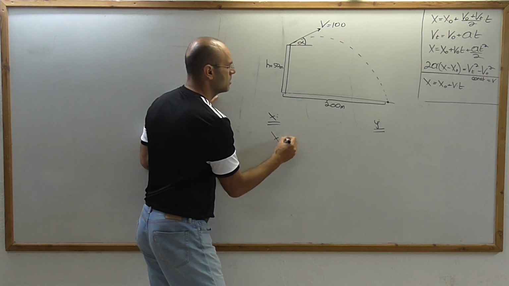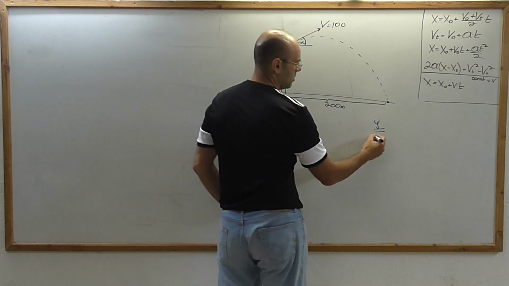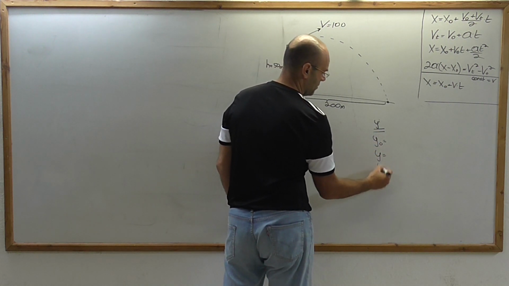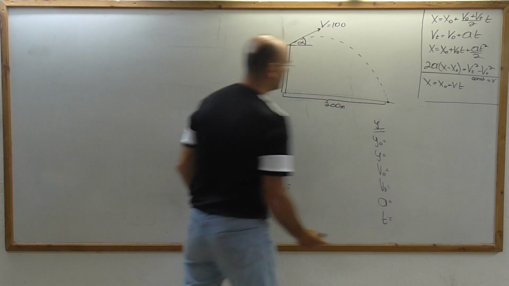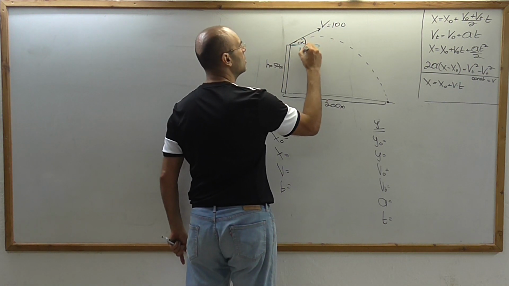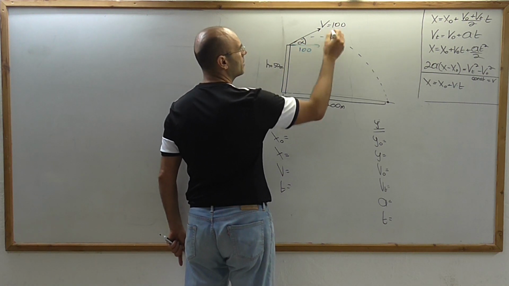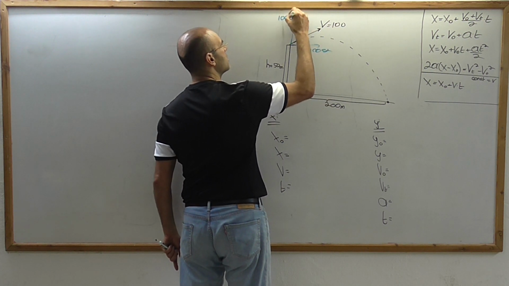Okay, so let's do x, v, t, y0, y, v0, v final, a, t. First of all, again, we divide it into two separate velocities: 100 cosine alpha, 100 sine alpha.